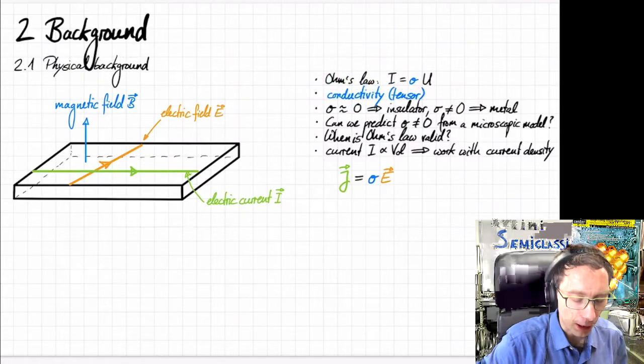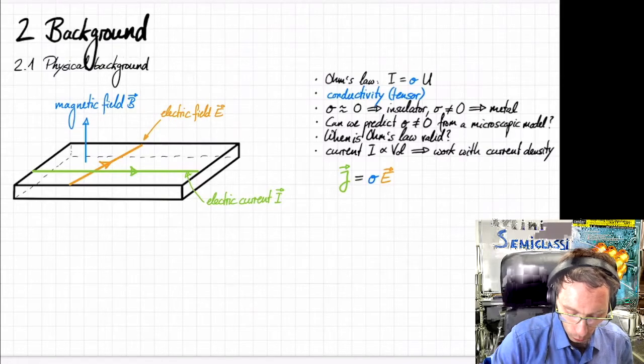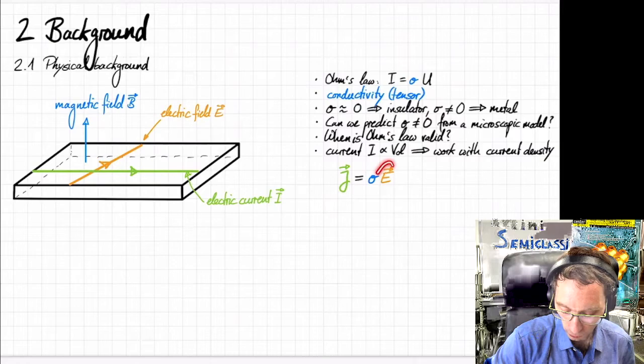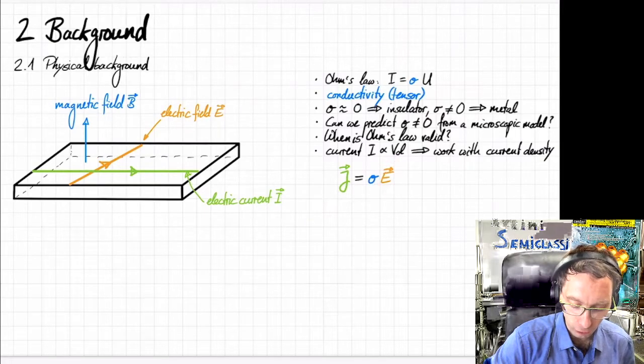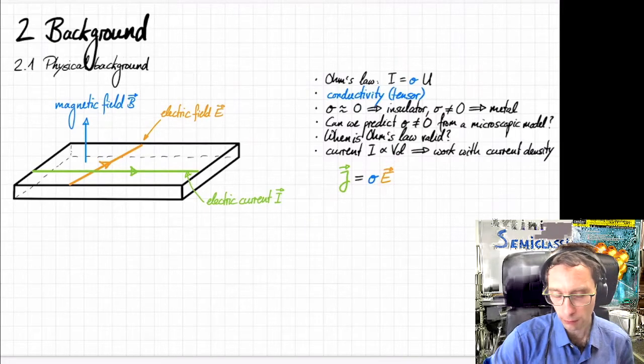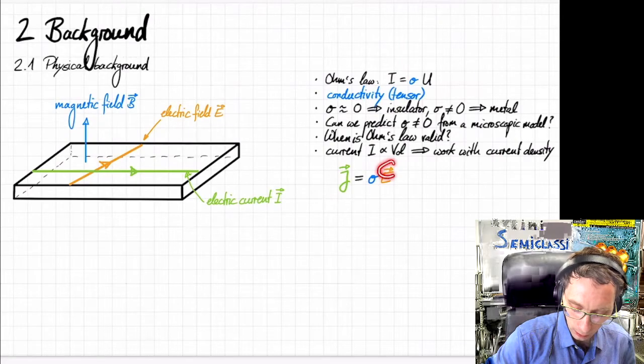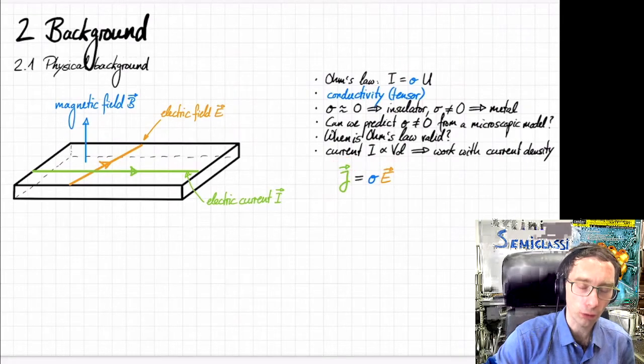So to emphasize that we're dealing with vectorial quantities, and to distinguish the electric field from the energy, which is always a bit of a pain unless you're using TeX where you could make the electric field bold, I'm putting arrows on top.